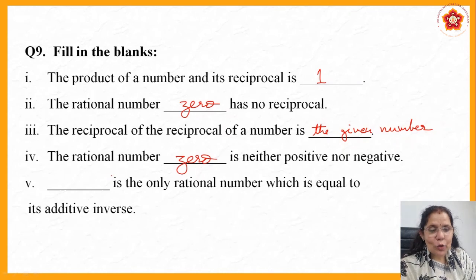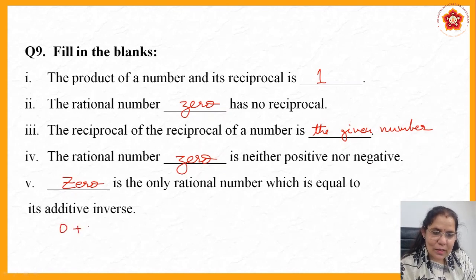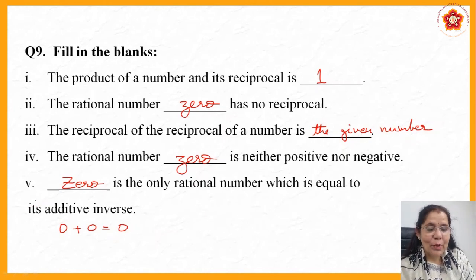You will get the answer 0. So, which is the only rational number which is equal to its additive inverse? 0. Because 0 plus 0 will give us 0. Any other number you take, it will always have a negative number. Since 0 is neither positive nor negative, it is the only rational number which is equal to its additive inverse.